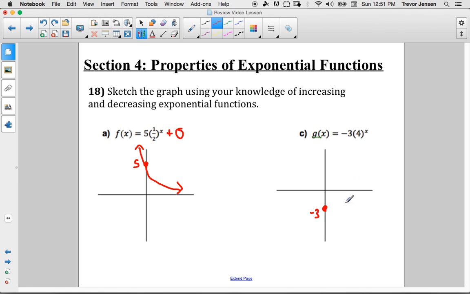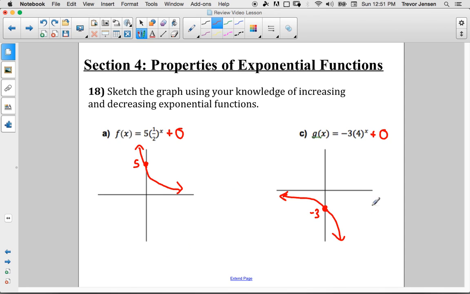So it's going to be decreasing. It's going to look something like this. Keep in mind there's still an asymptote at y equals 0 because there's a c value of 0. So that's roughly what it's going to look like.